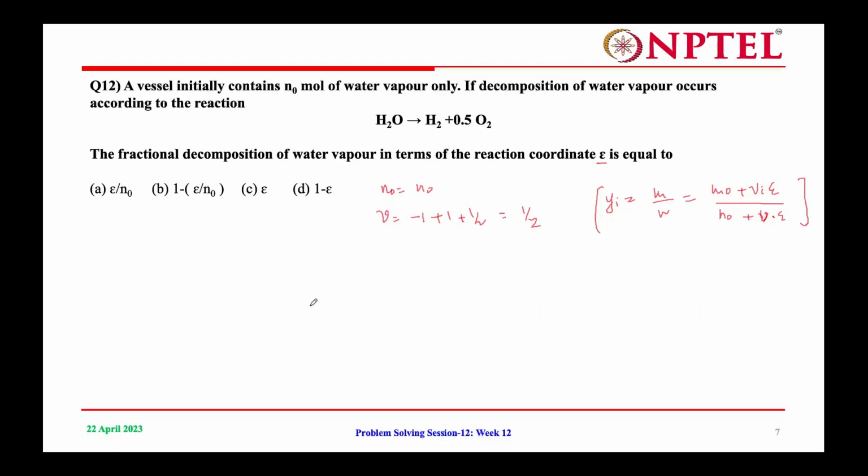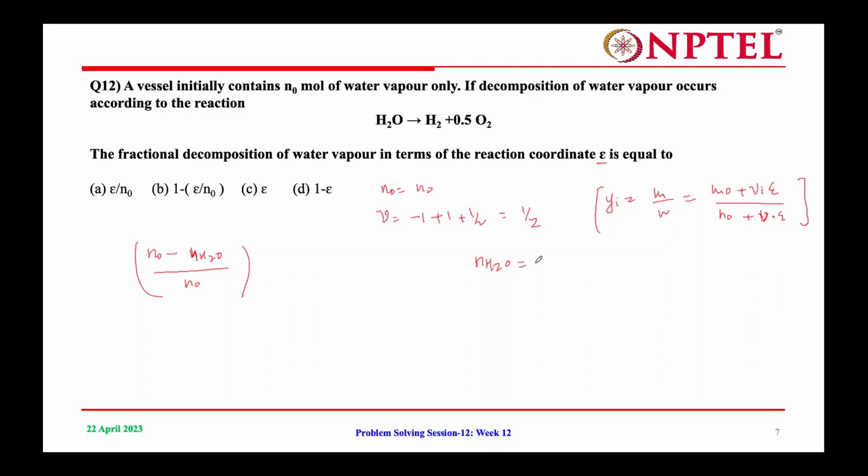Here we are asked for the fractional decomposition of water. How to calculate? It is n0 of water initially minus the moles of water after reacting.